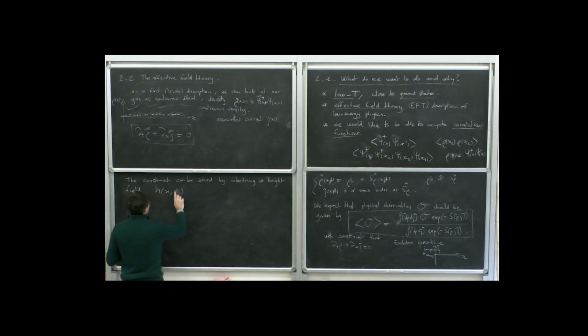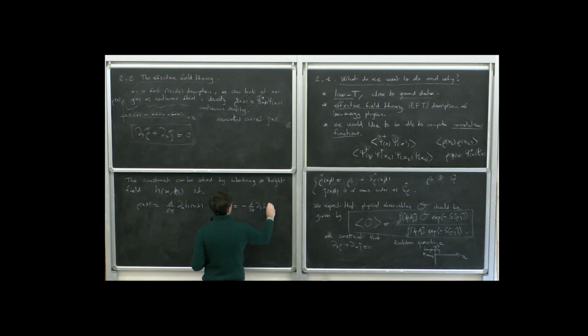And this field we choose. For a second, let me write it with real time. We choose it such that the density is some factor 1 over 2 pi times the derivative of h in the x direction. So here everything depends on x and t. And the current we take as minus 1 over 2 pi derivative of h in the time direction.